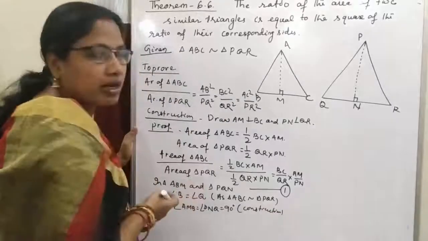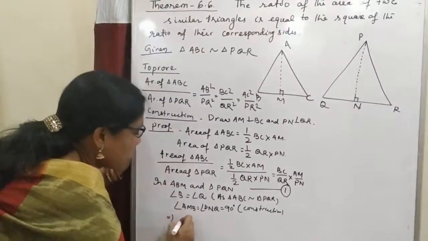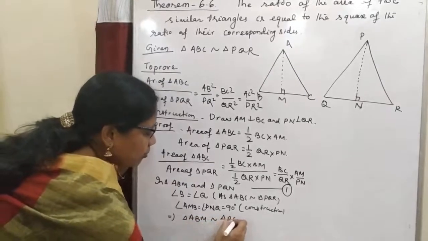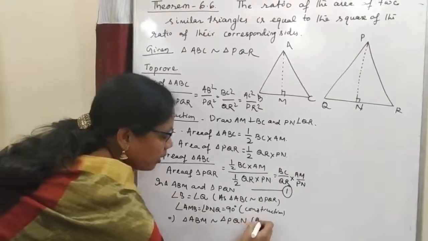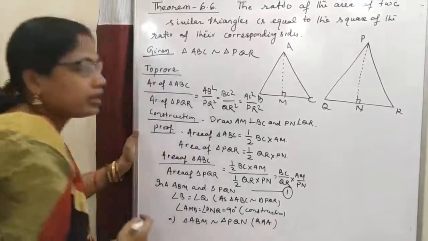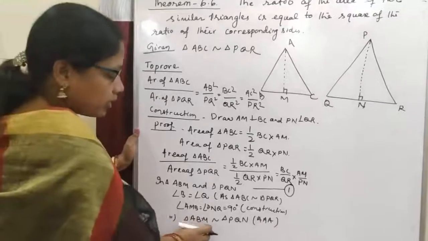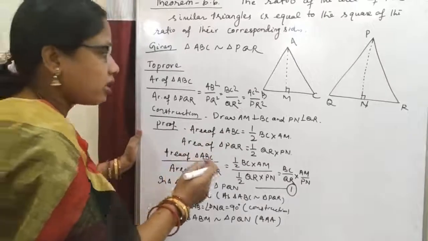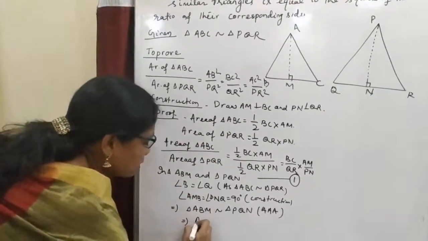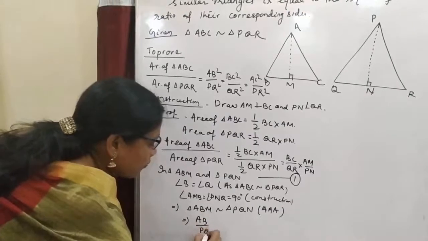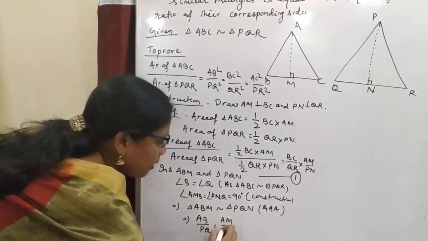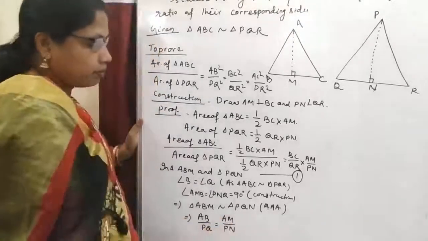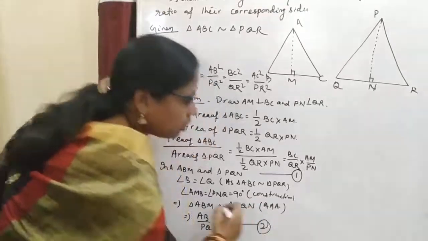So that means the third angle must be equal. So this implies triangle ABM is similar to triangle PQN by angle similarity criteria. If these two triangles are similar, then their corresponding sides are in the same ratio. So this implies AB by PQ is equal to AM by PN. Let this be our equation 2.